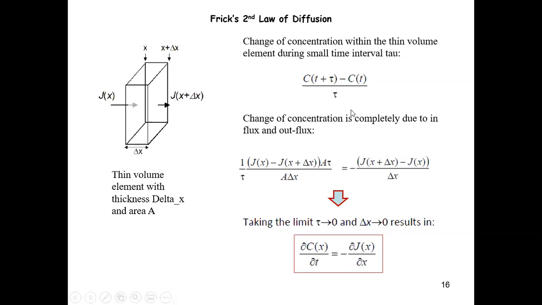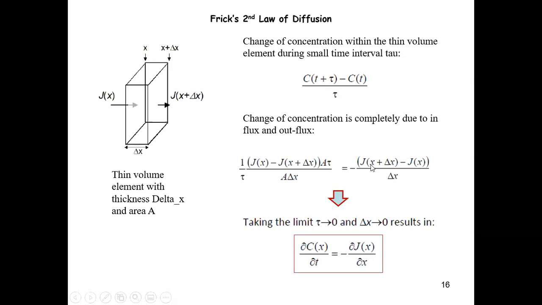But if you look at that, if we take the limit where tau is very, very small, okay? What do you call this? This is a small change over a small period of time. This is a partial derivative of your concentration with respect to time. Does this make sense? Because this is the rate of change of concentration at time t, right? So this is simply given by this guy.